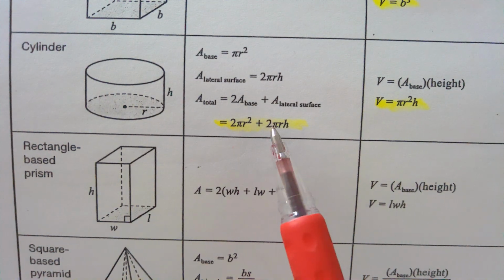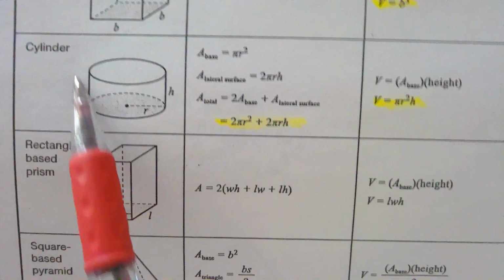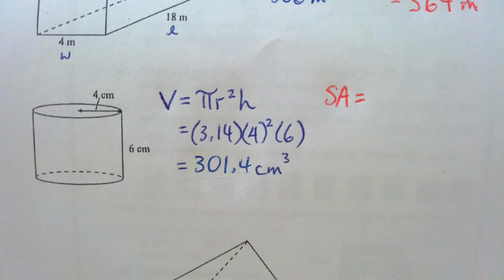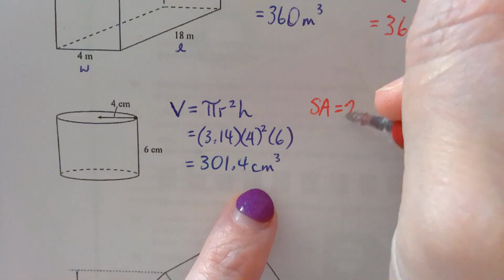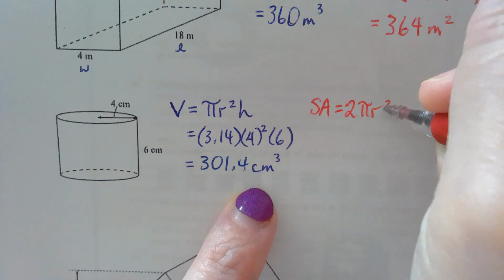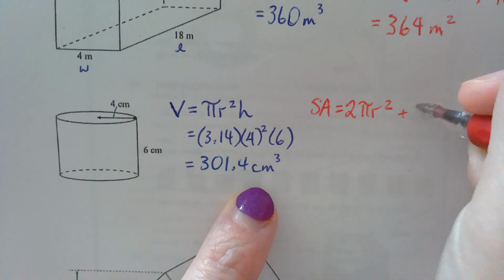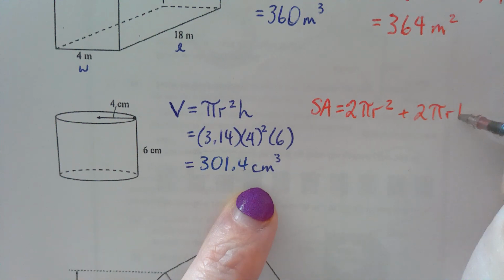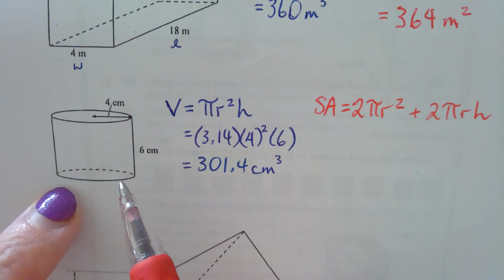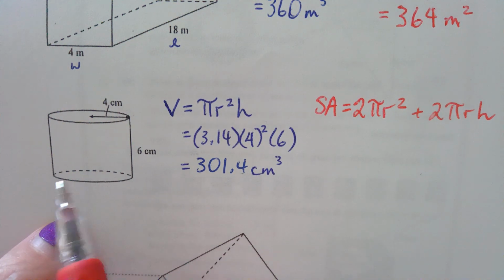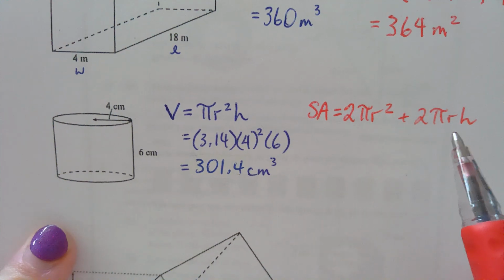And then this 2 pi r h is the lateral surface on the sides. So we were just saying earlier, 2 pi r squared plus 2 pi r h. So if I don't want to paint the bottom of my thermos, how would this formula change?